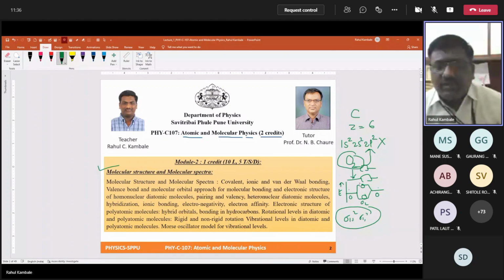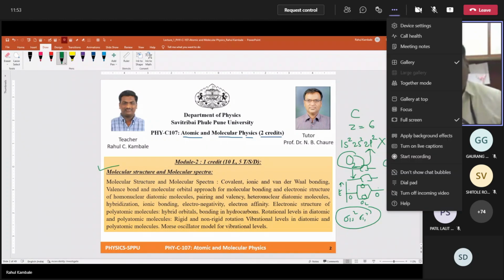Then of course, whenever a molecule is going to form, which type of bond is present? Now O2, O and O, the Z is the same, so I can say it is a homonuclear diatomic molecule. Then if I take CO or HF molecule, I can say it is a heteronuclear diatomic molecule.